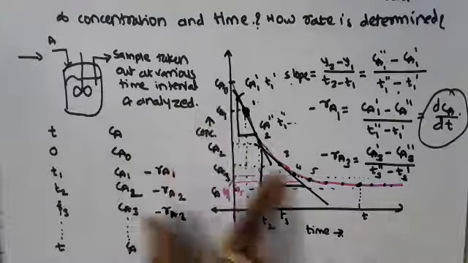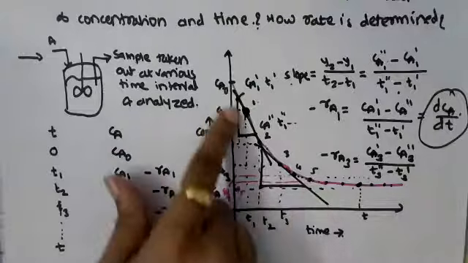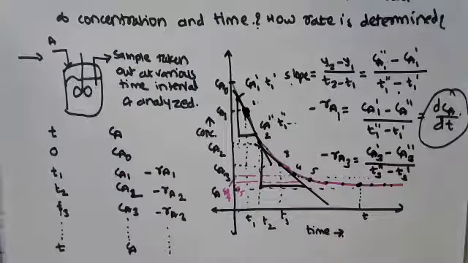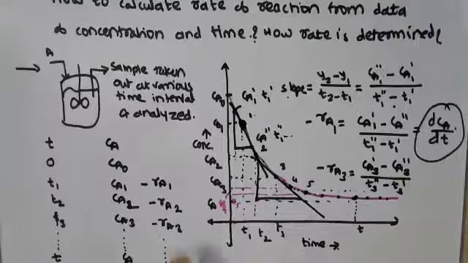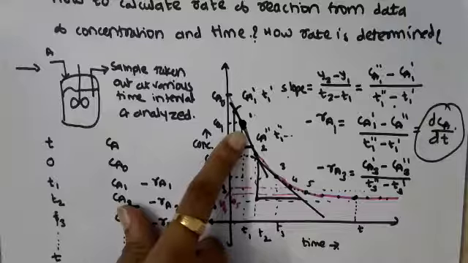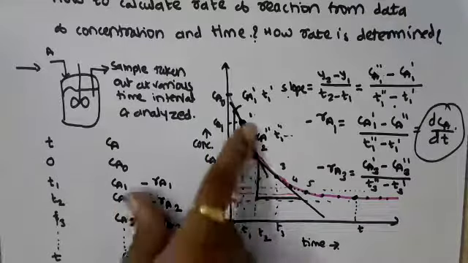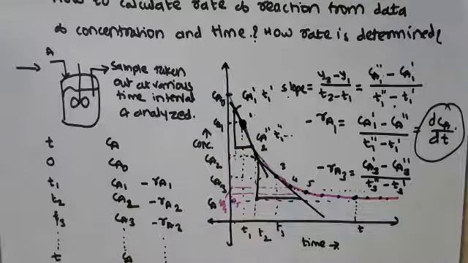The nature of that smooth curve is like a decay curve. And for calculating the rate of reaction, the tangent is drawn at the point or at the time where the rate of reaction is to be determined.